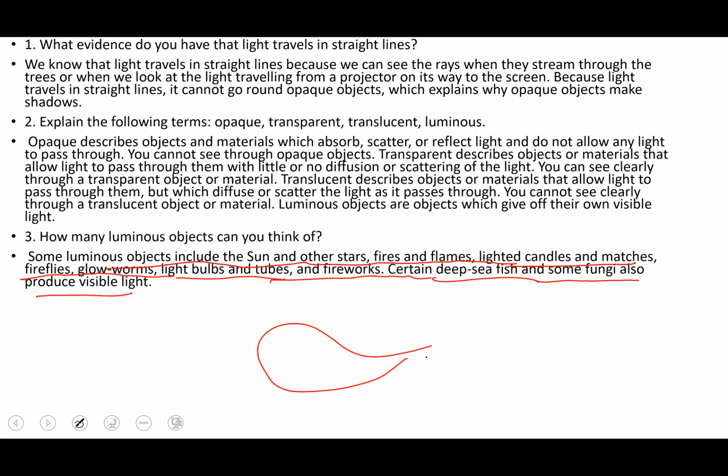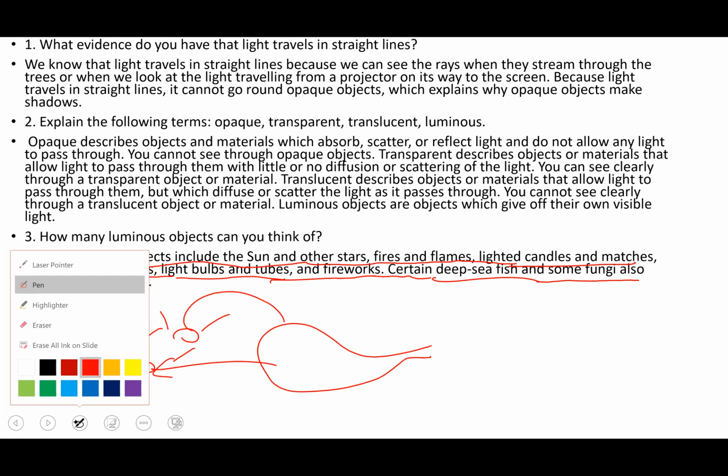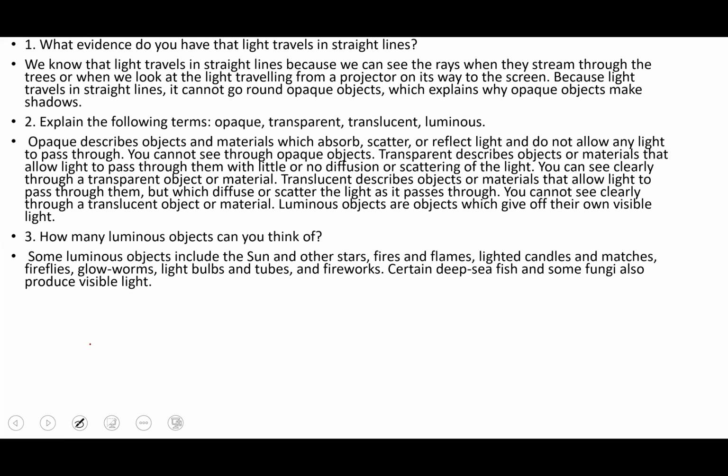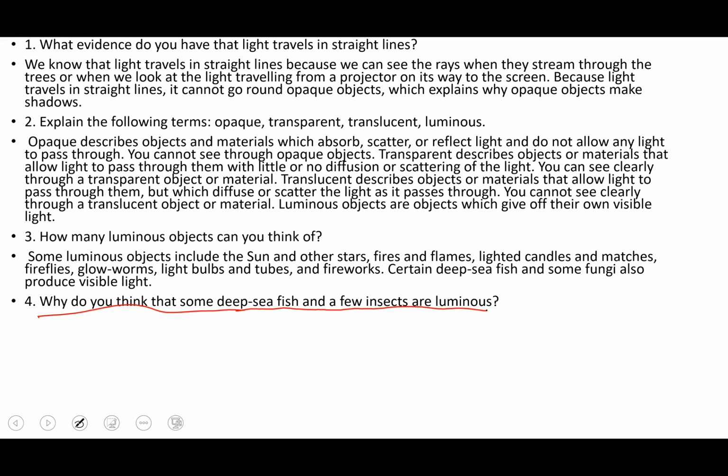So there are fishes like this which have a special kind of luminous body which is giving off light. When small fishes come near it, they will attack them and eat them and make them prey. Now, why do you think that some deep sea fish and few insects are luminous?